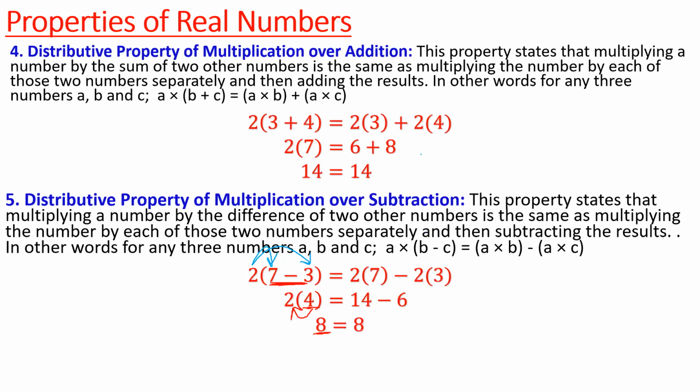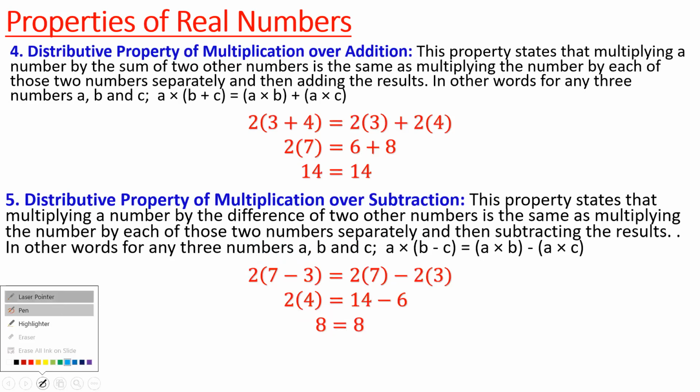And Naya, explain the distributive property for multiplication over subtraction for me. This means that multiplying a number by the difference of two other numbers is the same as multiplying a number by each of those two numbers separately and then subtracting the results.